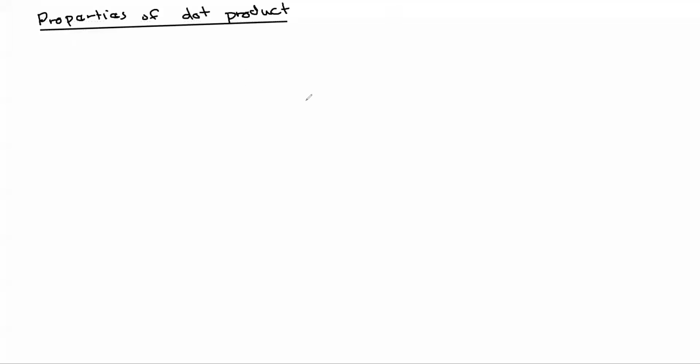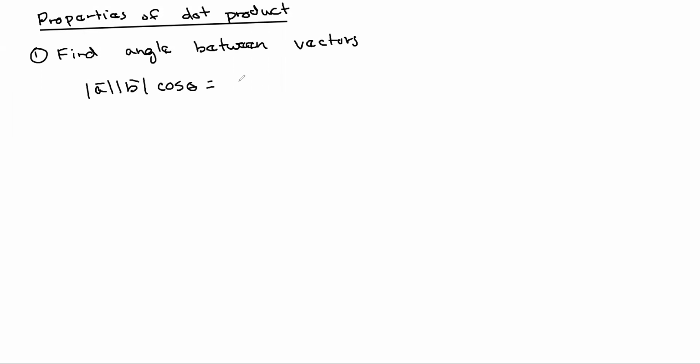All right, so the first property of the dot product is that dot products can be used to find angles between vectors. Okay, so how does that work? Well, if you start off with definition 1, right, and that is that we have length A, length B, cosine theta equals A dot B, we can go through and solve for cosine theta by dividing length A and length B over.